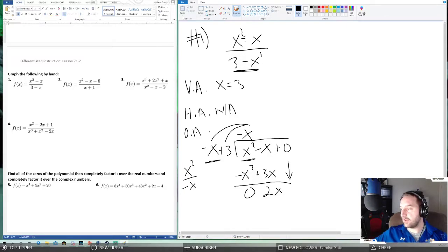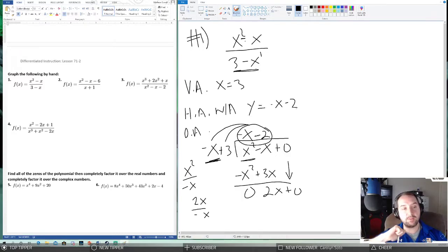Bring down the other value, which is 0. So negative x goes into 2x negative 2 times. Anything else that I do is going to be a remainder. So this right here, y equals negative x minus 2, that's going to be my oblique asymptote, or slant asymptote.